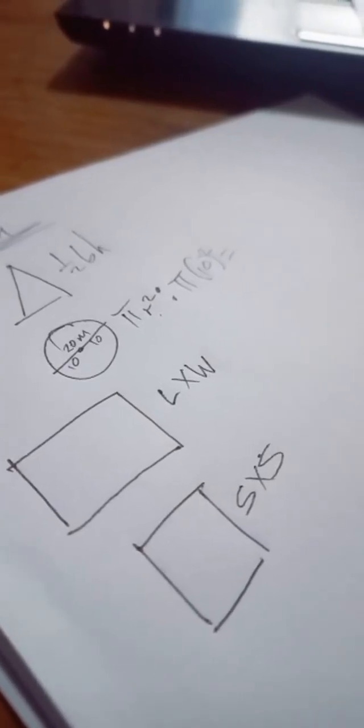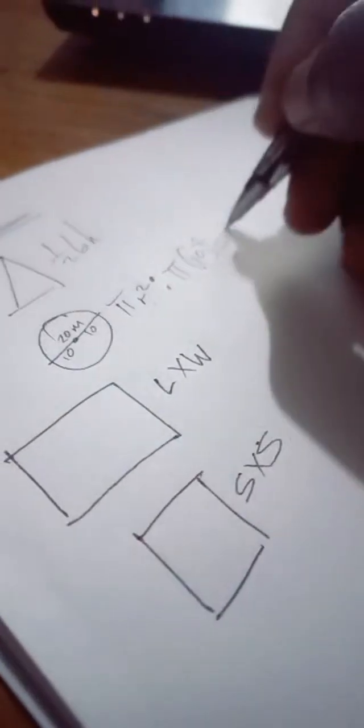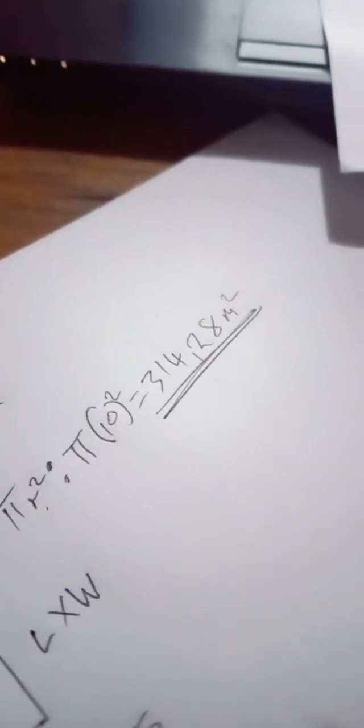So pi times 100, it's 14, 314.28. Remember, this is area, so it must be square meters or square centimeters.